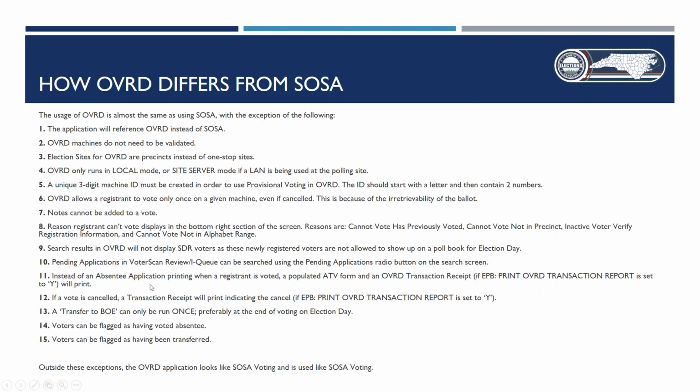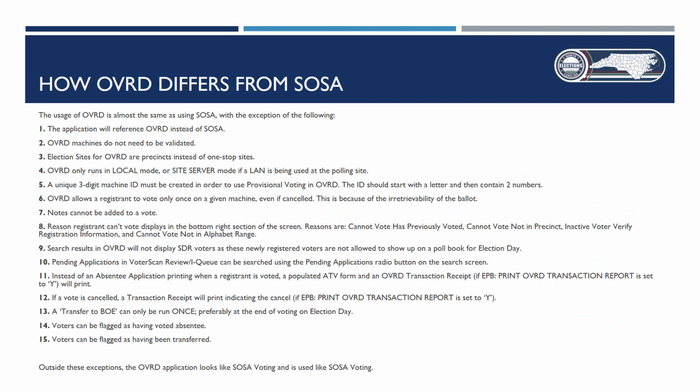And then there's a few other things here that you can do. Some settings you can change if you want a transaction receipt. I think most people have that turned off pretty much at this point, but if you wanted that, you could certainly turn that on. And then the other big difference is you can only do a transfer to the BOE one time.